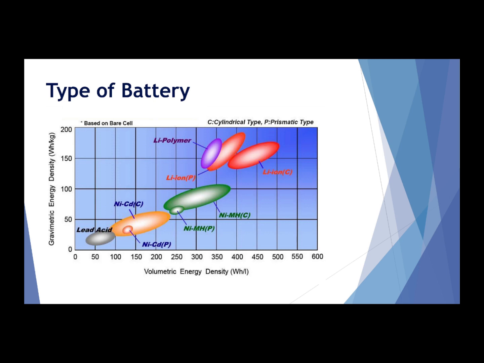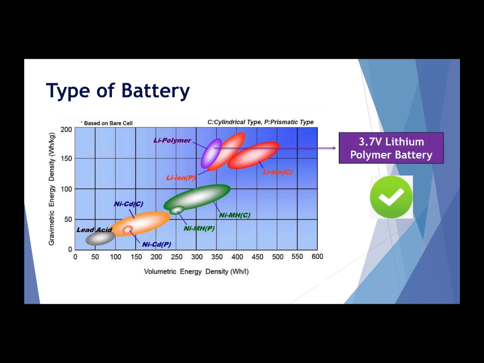You can see an energy density chart of several kinds of batteries, and you can clearly see that lithium polymer as well as lithium ion batteries stand out based upon the energy density, that is watt hour per kilogram. So we have gone with a lithium polymer battery, and we selected a 3.7 volt single cell lithium polymer battery.